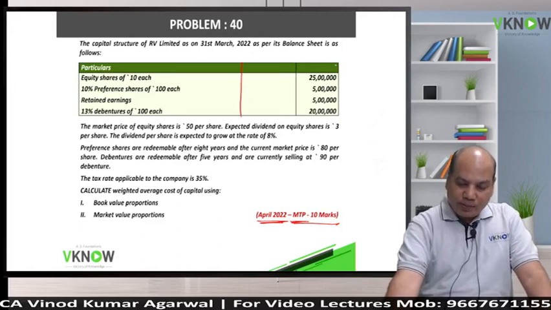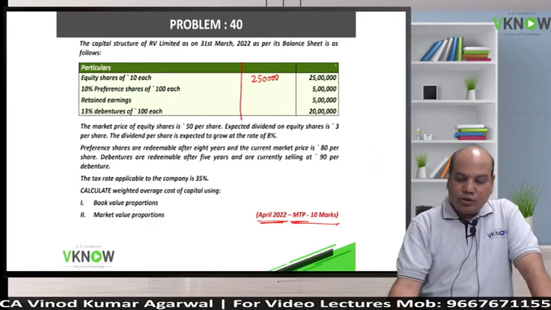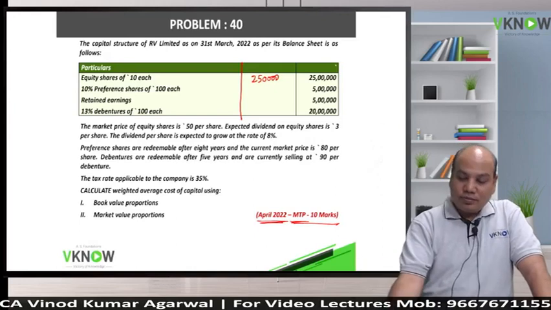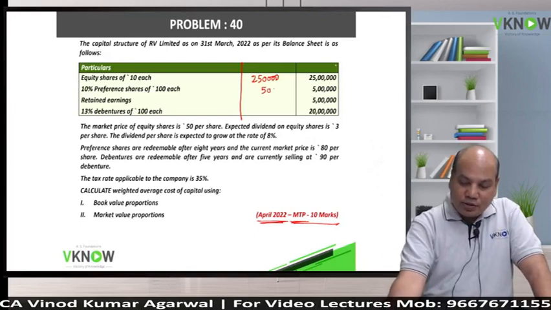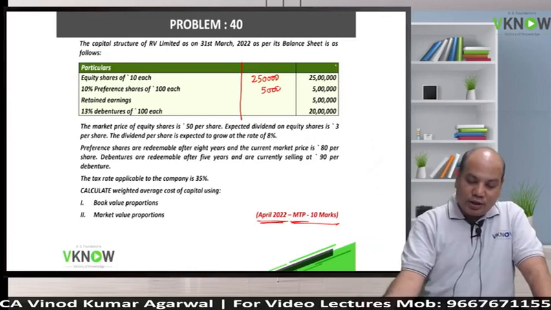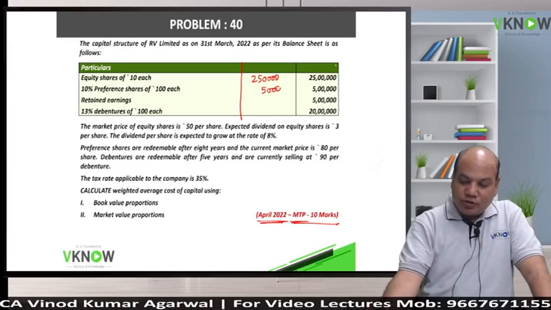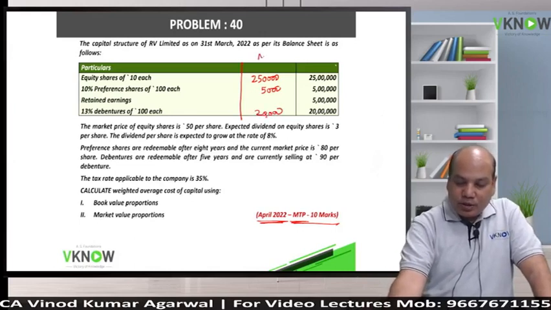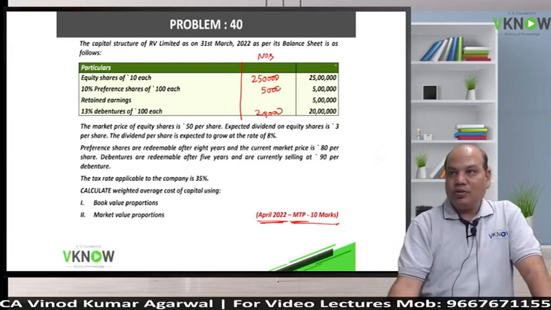So how many numbers are there? 2,50,000. 10% preference share of 100 rupees each. 5 lakh divided by 100, 5,000 preference shares. Very good. Retained earning, let it be. Debenture of 100 rupees each, 20 lakh. So there are 20,000 numbers of debenture.